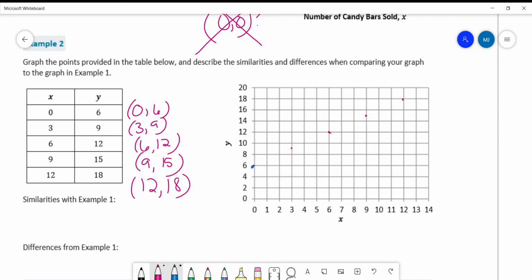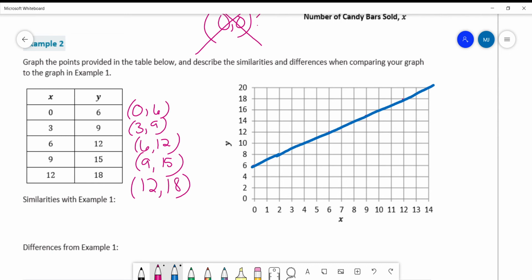So looking at this one, similarities with example 1. So what is a similarity of this one? You're right, both of them are a straight line.